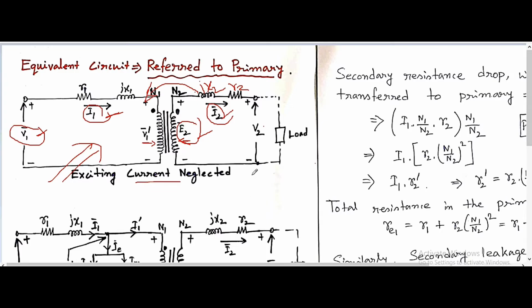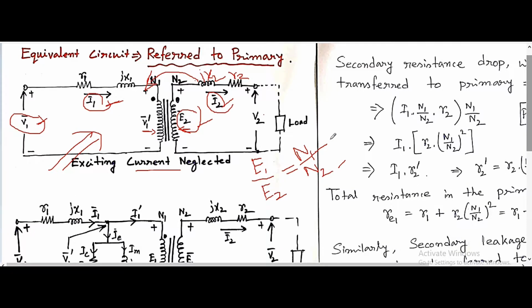We know that E1, the primary induced EMF, divided by E2, the secondary induced EMF, equals N1 divided by N2, and this is called the turns ratio.